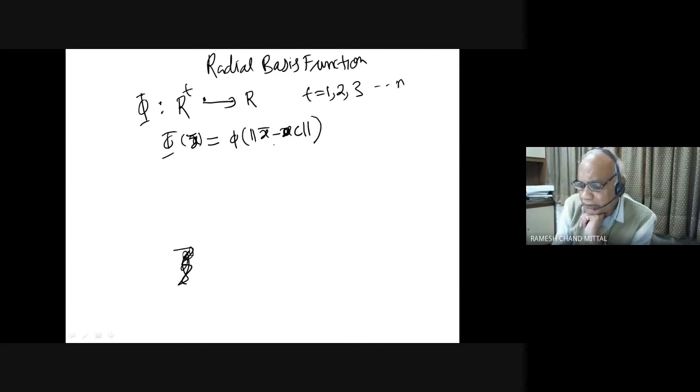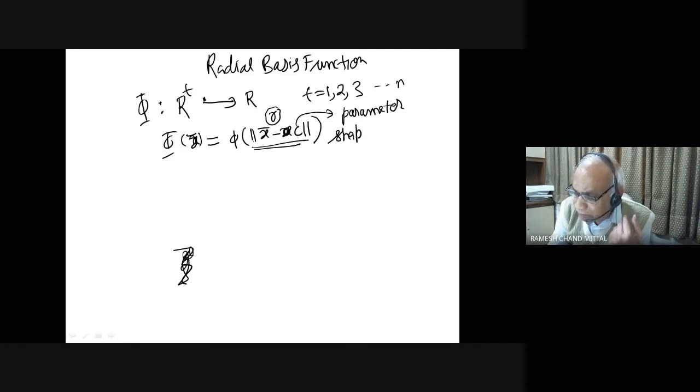This is a single real valued function, whose definition depends on whether you are in one dimension, two dimensions or three dimensions. As I said, it gives you the distance from a fixed point c, and c is called the shape parameter.